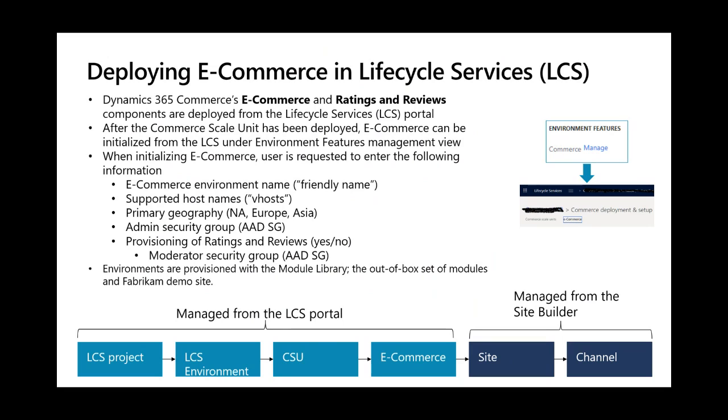And one important piece of information that is requested at this point is the primary geography. And by default, the optimal geography is selected based on the region of the CSU. Since the CSU and the e-commerce environment interact and integrate with each other and communicate heavily, the optimum geography is selected by default.